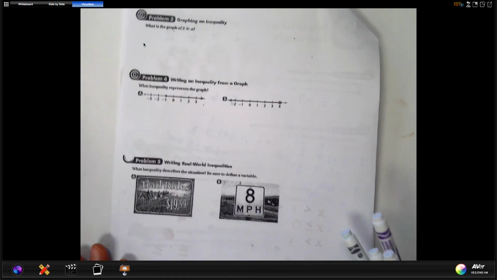So all kinds of things. The next one is graphing them yourself. In order to graph an inequality, my first piece of advice is to switch it so that your letter is on the left.